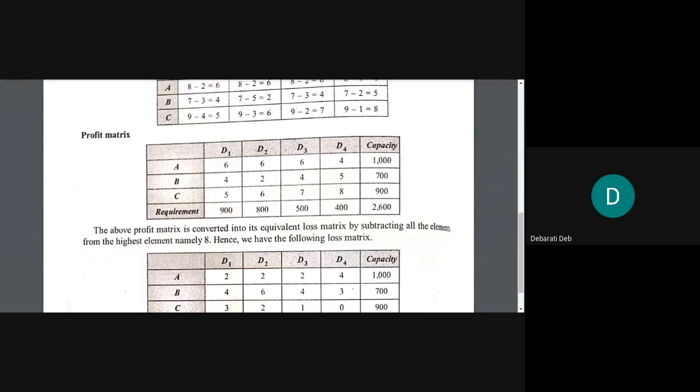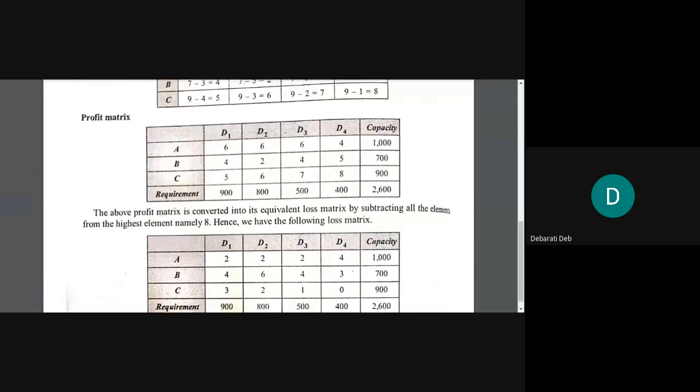Don't forget that the first step in a transportation problem should be to check whether the last row's total and the last column's total are matching or not. In the last row the total is 2600, and in the last column, the capacities total is 1600 plus 1000, that is 2600. Yes.